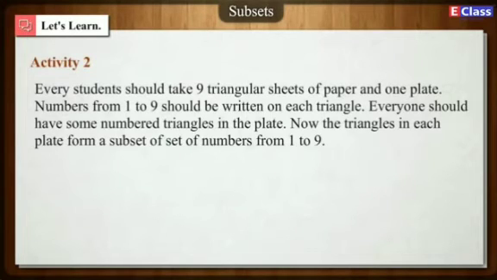Activity 2. Every student should take 9 triangular sheets of paper and 1 plate. Numbers from 1 to 9 should be written on each triangle. Everyone should have some numbered triangles in the plate. Now, the triangles in each plate form a subset of set of numbers from 1 to 9.